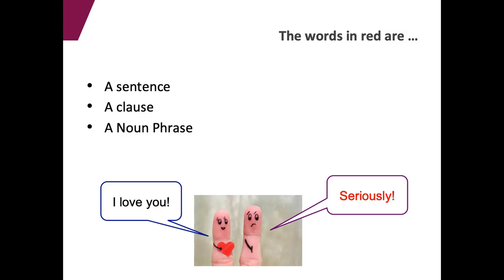That should be pretty easy. Seriously is an adverb, so it cannot be a noun phrase. There is no verb, so it cannot be a clause, therefore it's just a sentence, okay? A small one, but it starts with a capital letter and ends with an exclamation mark, so it's called an adverbial phrase, okay? A phrase organized around one adverb.